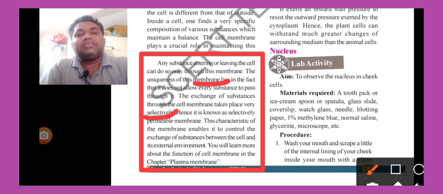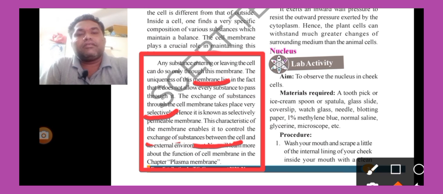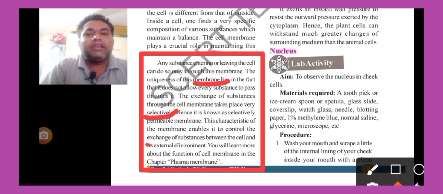So the characteristic feature of the membrane is that it controls the exchange of substances between the cell and the external environment. You will learn more about this in the fourth chapter, where we have the plasma membrane. Let us study that one, but until then you have to keep this in your mind.